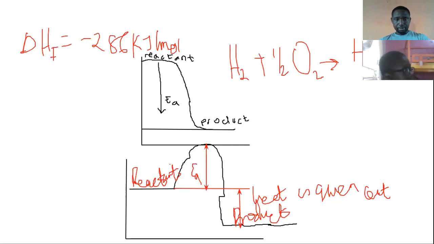Calculate the heat of reaction in the equation below, given that the heat of combustion of carbon and hydrogen are minus 393 kilojoule per mole and minus 280 kilojoule per mole respectively.